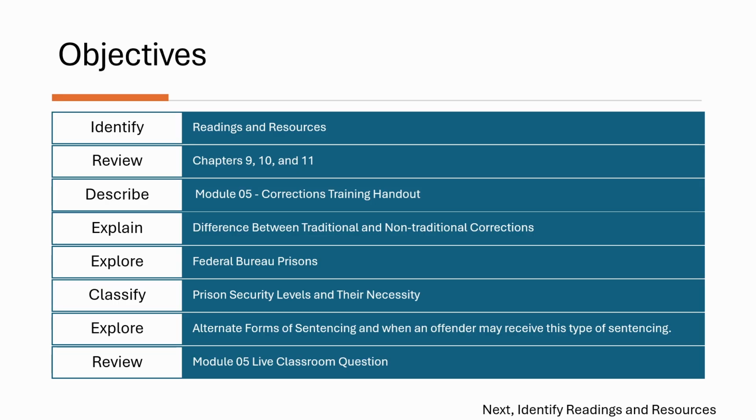We'll explore the Federal Bureau of Prisons. We will classify prison security levels and their necessity. We'll explore alternate forms of sentencing and when an offender may receive this type of sentencing. And then I will share the Module 3 live classroom question.